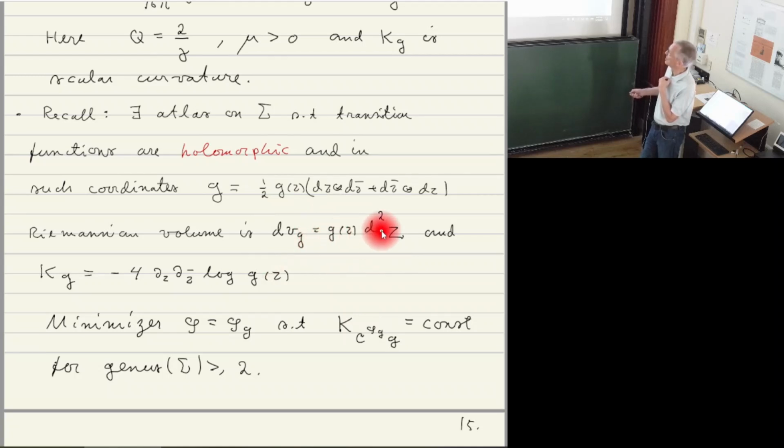It's just this function times the Euclidean volume, and the scalar curvature is just the Laplacian acting on the logarithm of the metric factor here.